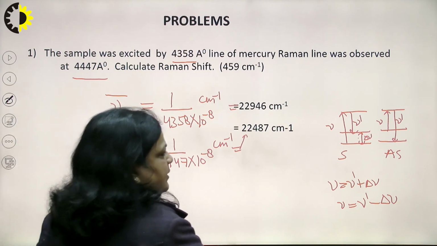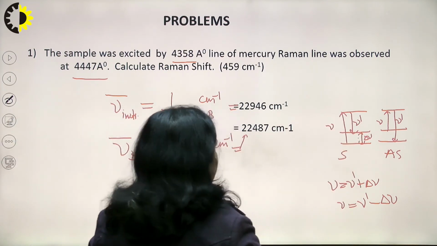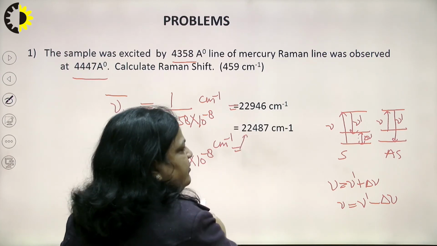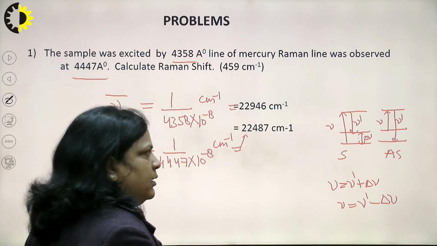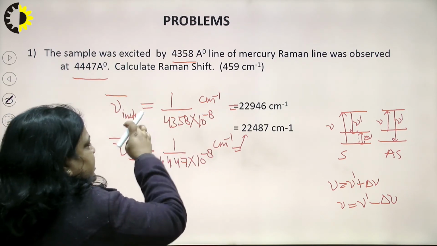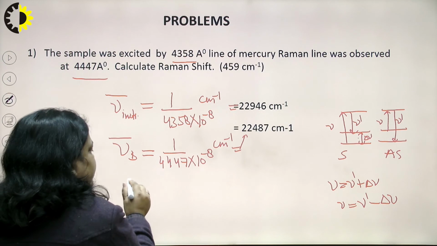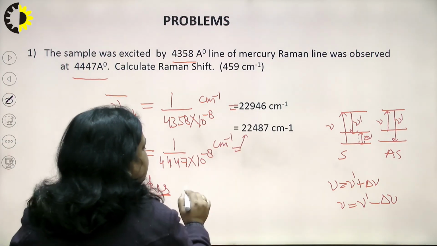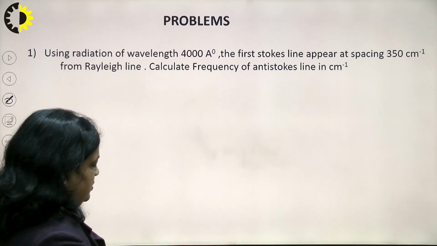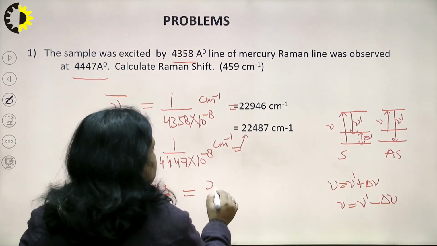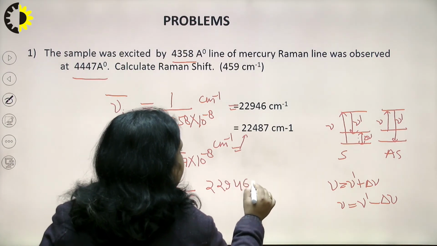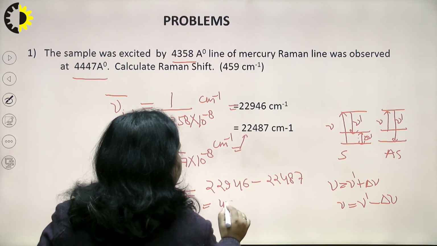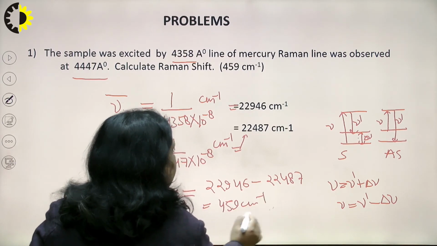And here we see that the initial frequency is more, that is 22946 is more than 22487, so the Stokes lines appear. So, first answer is Stokes lines appear, and the shift is this minus this, that is 22946 minus 22487 centimeter inverse, which is equal to 459 centimeter inverse.